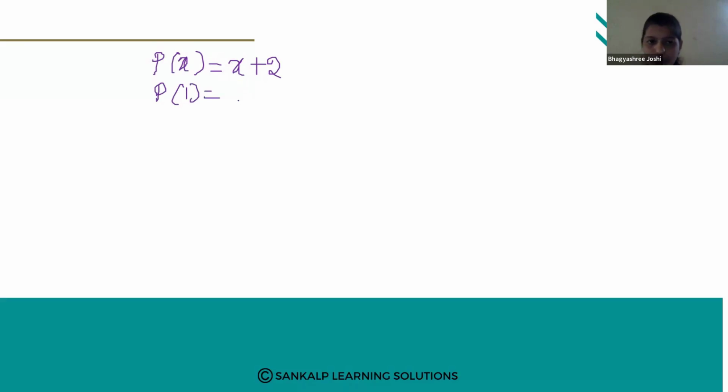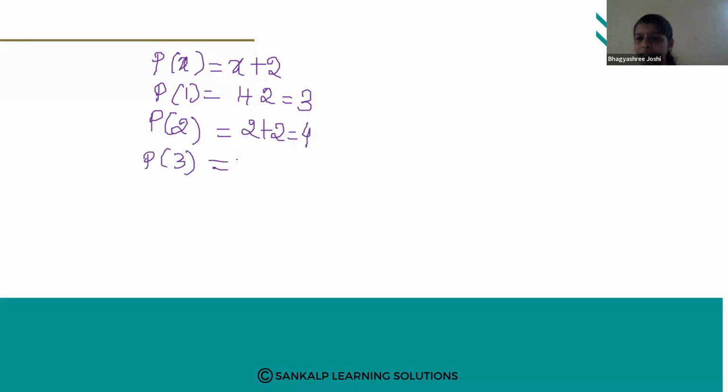P of 1 means 1 plus 2 is equal to 3. P of 2, 2 plus 2, it is 4. P of 3, so now substitute 3 in place of x. 3 plus 2 is equal to 5, right? P of minus 1, minus 1 plus 2, that is 1.